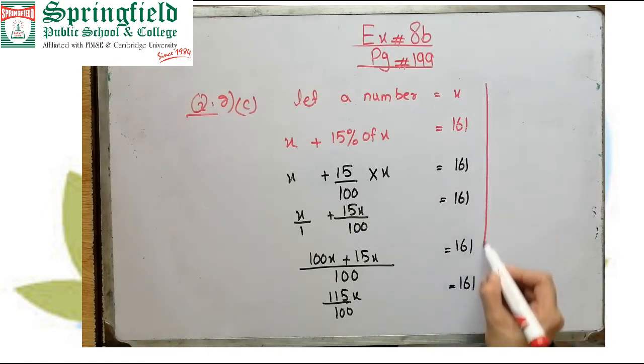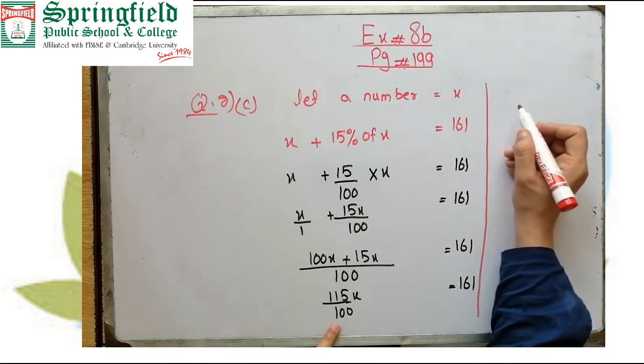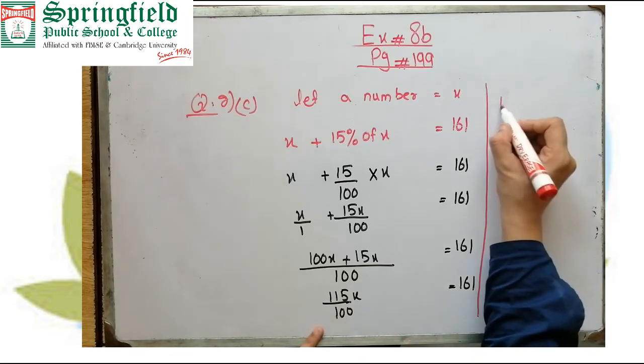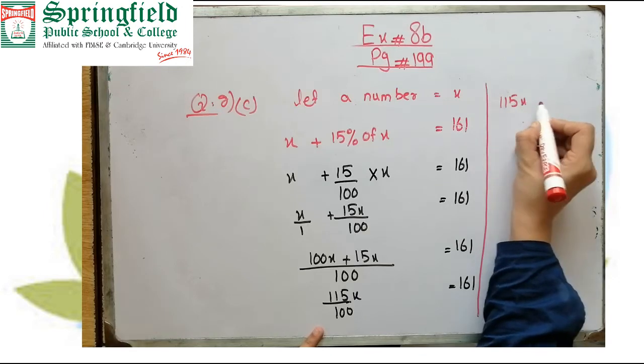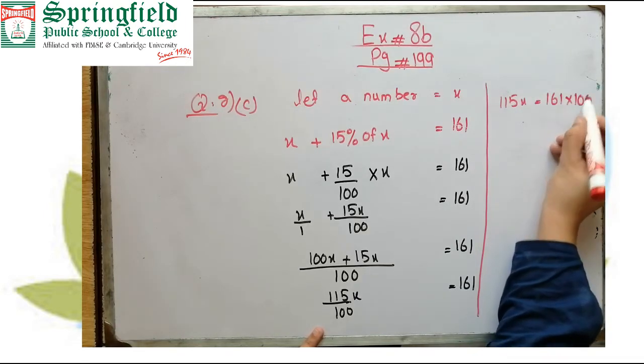Okay, then 100 will jump to the right side. Look here, 100 is in division form. So when 100 jumps to the right side, it will multiply with 161. 115x is equal to 161 multiplied by 100.